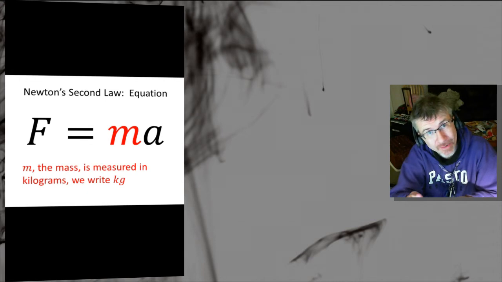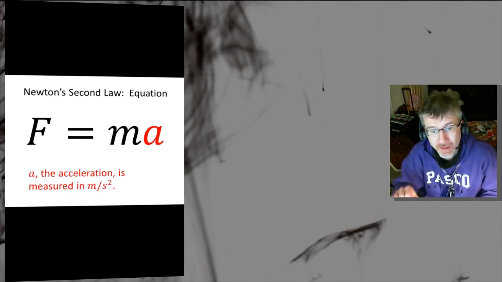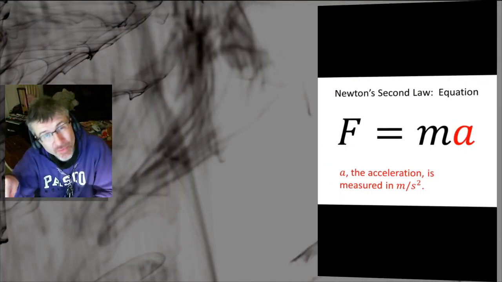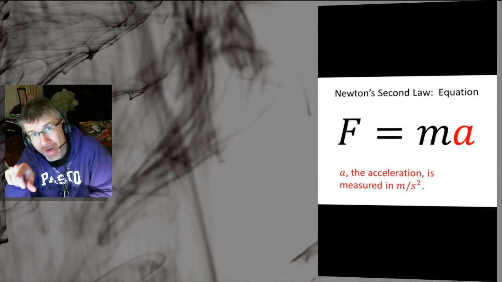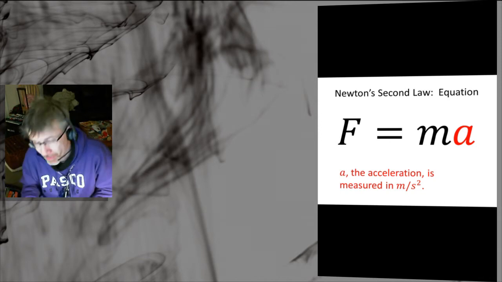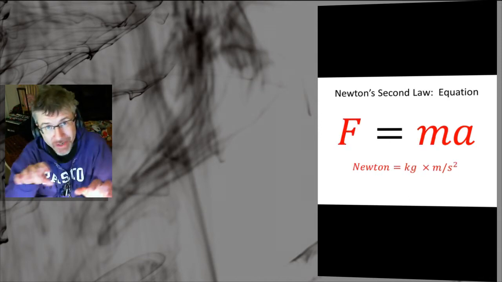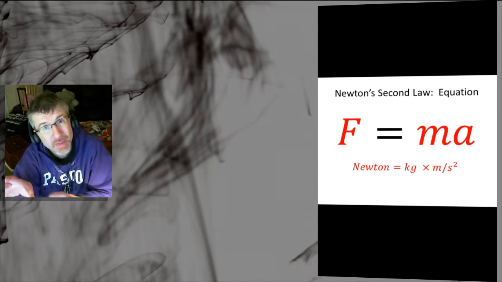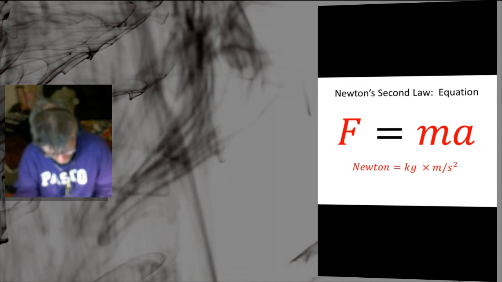It's measured in kilograms. We write kg. A is the acceleration. It's measured in meters per second squared, m/s², meters per second per second. So altogether, a newton on the left is equal to a kilogram times a meter per second squared.